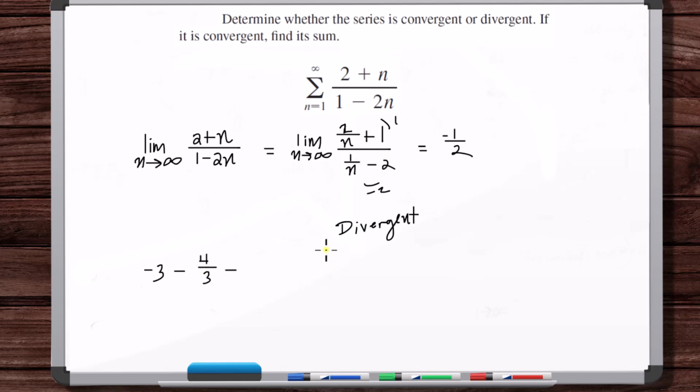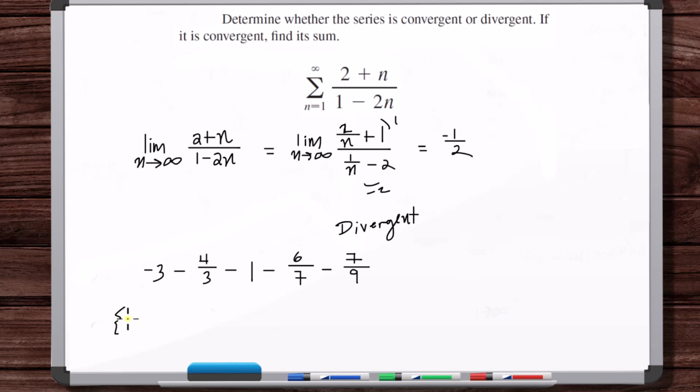When n is equal to 3, you've got 5 over -5, so -1. And then when n is equal to 4, you've got 6 over 7, and when n is equal to 5, you've got 7 over 9.